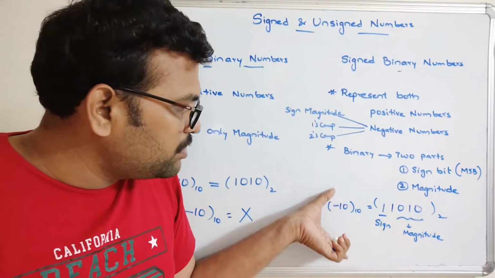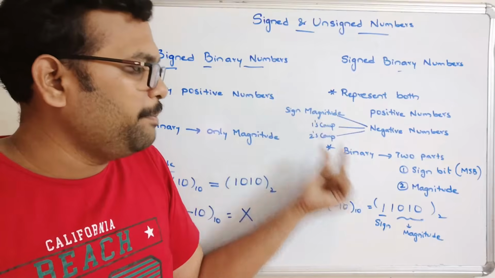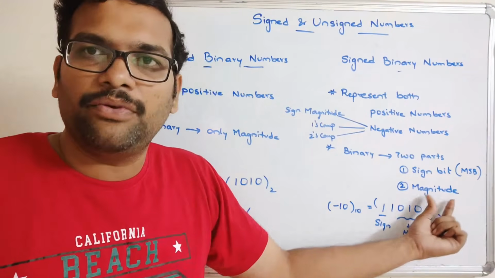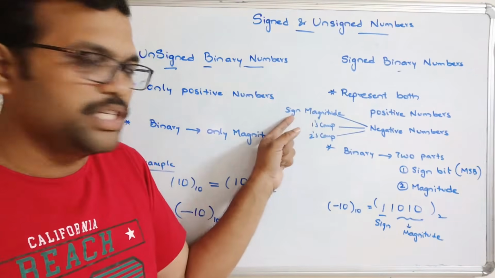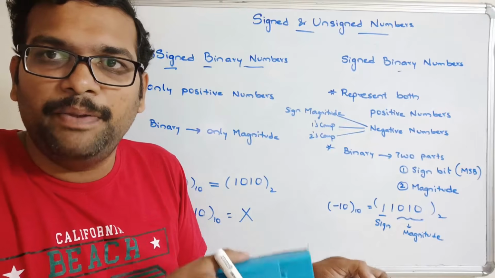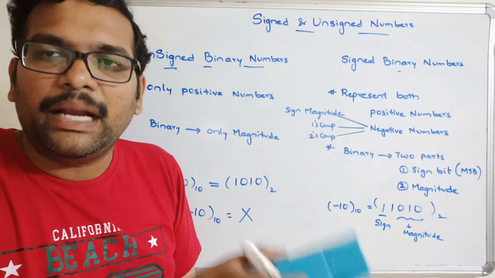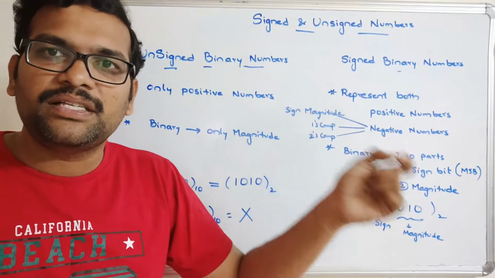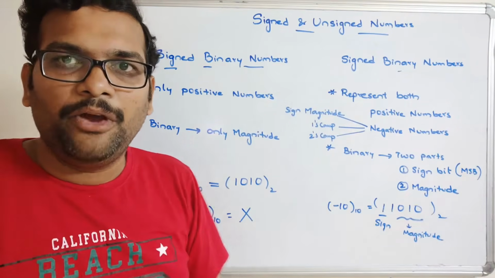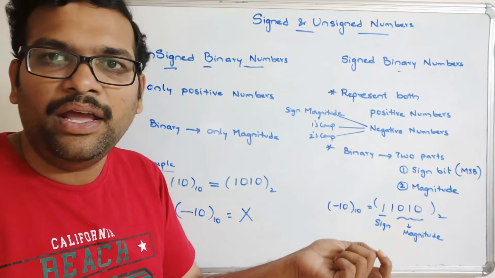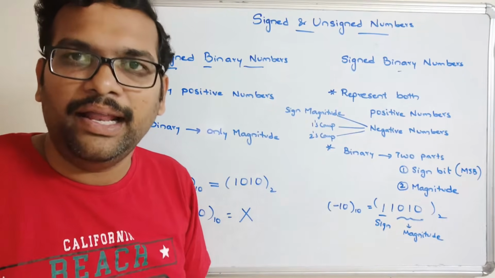What we have done so far is the sign magnitude form. That means the MSB will be the sign bit and the rest of the bits will be the magnitude, that means the actual value. If the sign bit is 0, that represents a positive number, and if the sign bit is 1, that represents a negative number. So we are adding an extra bit to represent the sign of a number, whether it is positive or negative.